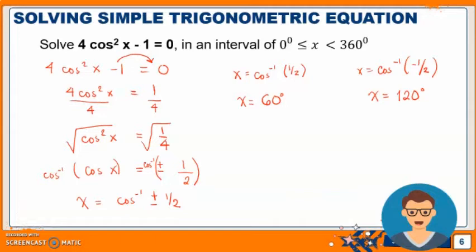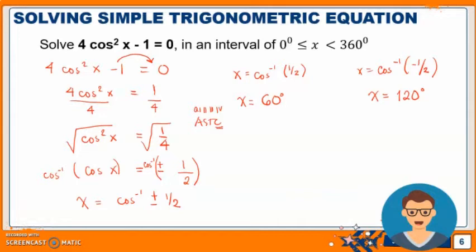Let's use again the concept of ASTC, that is quadrant 1, 2, 3, and 4. Since 60 degrees is in quadrant 1, that is already in quadrant 1, and in quadrant 4, cosine is positive.